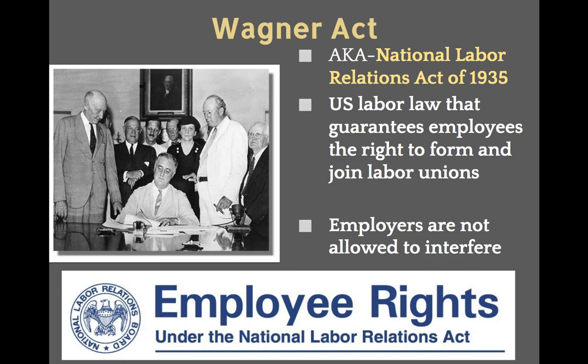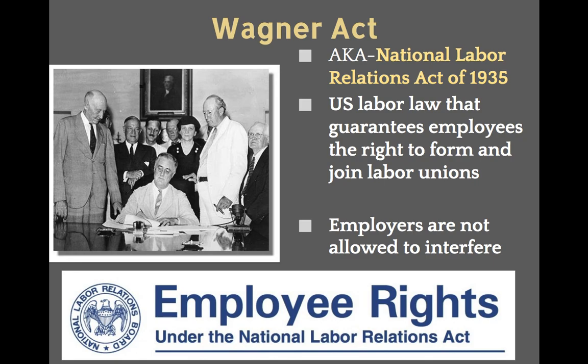Okay, another very similar thing, this ties in right with what we just talked about, the Wagner Act, or the National Labor Relations Act. This allows labor to form labor unions. So it's protecting their rights. That ties in right to what we're talking about. We want people to be able to fight for better working conditions and the things that we've been talking about for Unit 1.